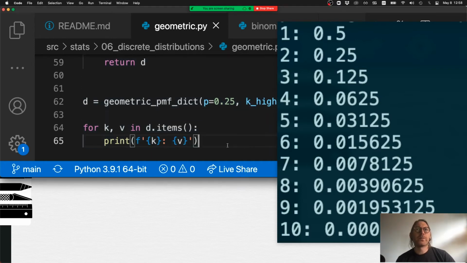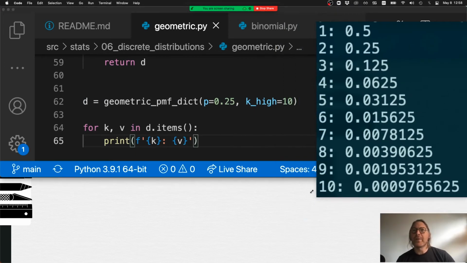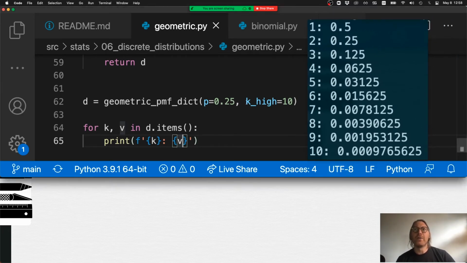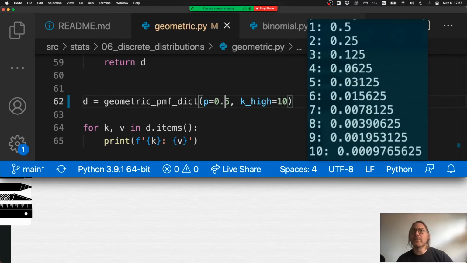So, in fact, why don't we go ahead and take a break? I'm going to leave this up here. I like to think about this as geometric decay for a very specific reason, but it's just a geometric series. If we perform the CDF and use these same arguments, 0.5 and k high of 10, just think about how the CDF will display.